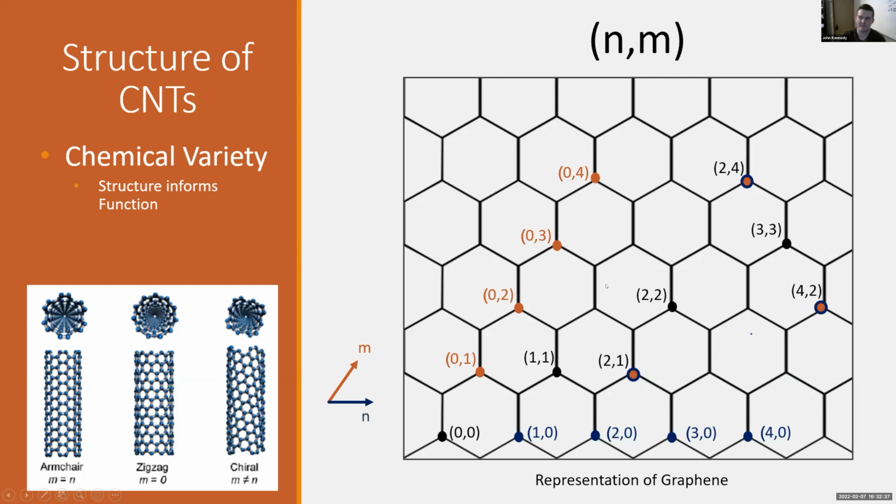So if we have 2 points on the lattice called 2, 4 up at the top and 4, 2, what that is saying is that if we have this chiral tube here and it's spinning counterclockwise as the 2, 4, then the 4, 2 nanotube would have the exact same structure, except it would be spiraling clockwise. So if you just swap the ordered pair, then you can reverse the chirality as long as it's not along the black or the blue line.